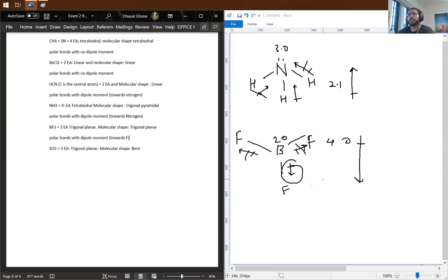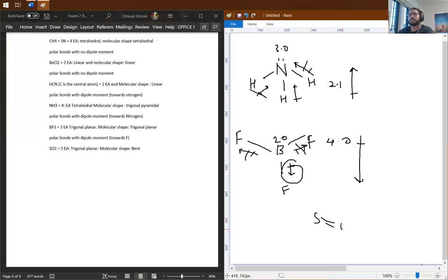Okay. SO2 looks like this, and S has an electronegativity of 2.5. Oxygen has an electronegativity of 3.5. So oxygen is more electronegative, so it'll move towards oxygen.